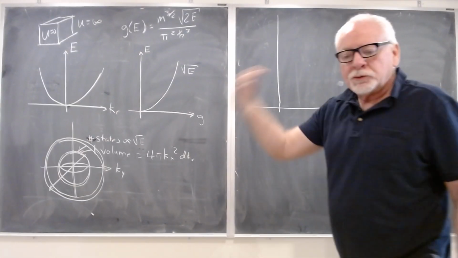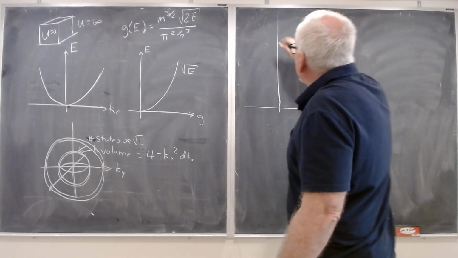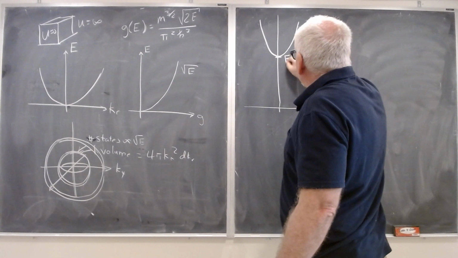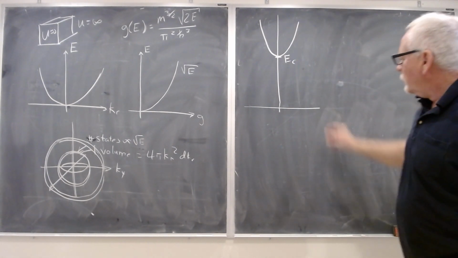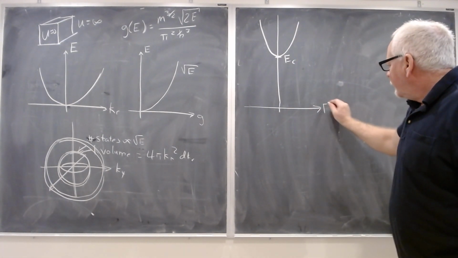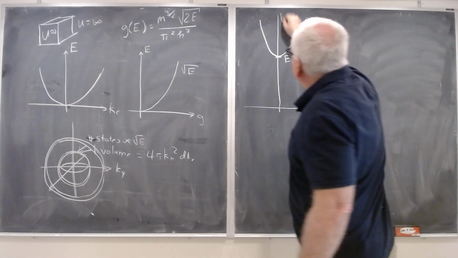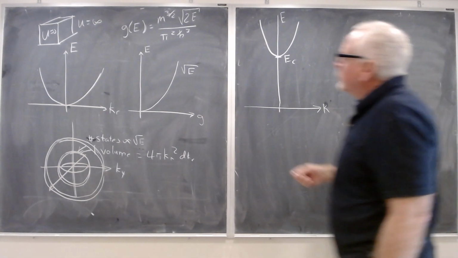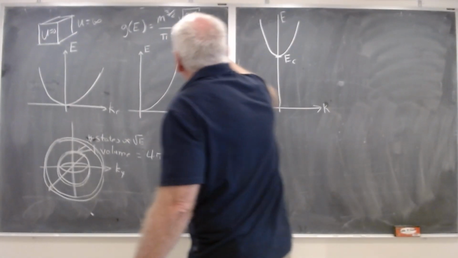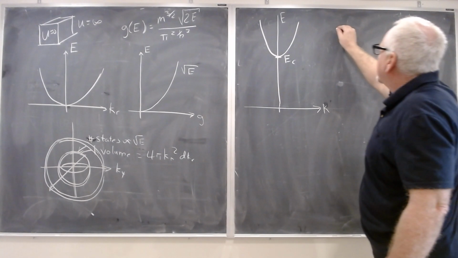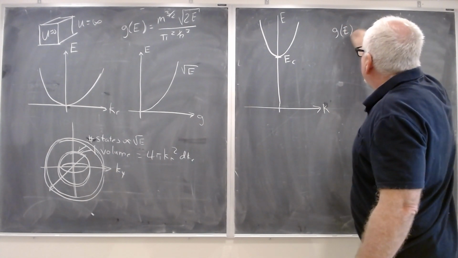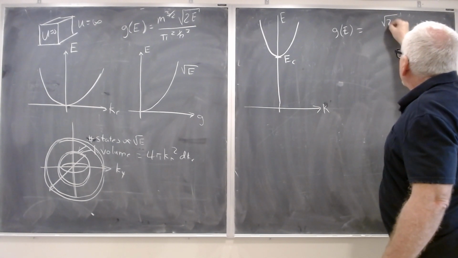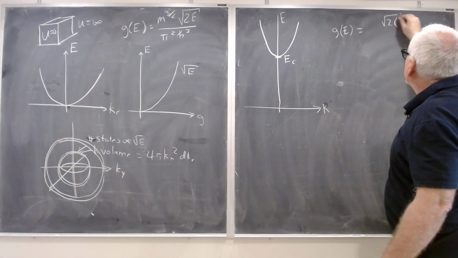Now when you do actual band structure, all it is is that the conduction band starts at some energy, E sub c. And so, this is for an empty box. The simplest way to think about it is we just replace E with E minus E_c.